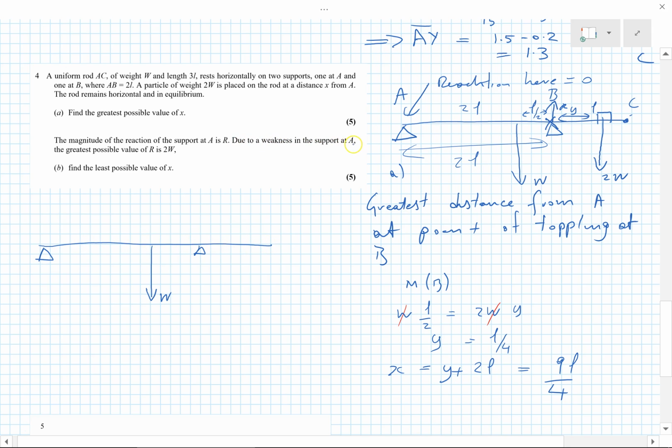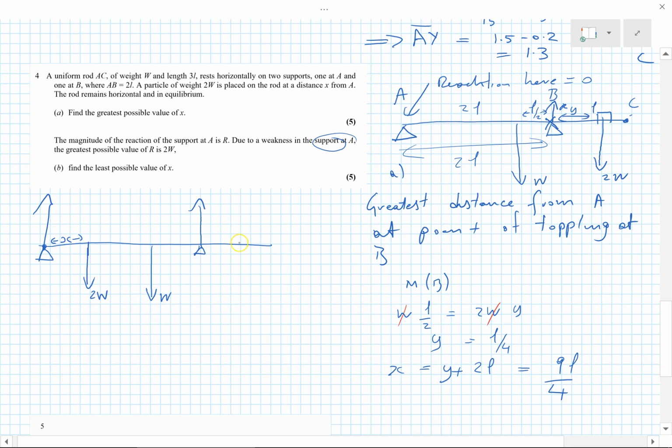The key is it says due to a weakness at A, we can't go too close to this point, because if we go right on this support, we'll be at its maximum value for the reaction there, and that's going to be more than it can handle. So at the extreme, let's make it as close as it can be, 2W over there, and we can't go any closer.